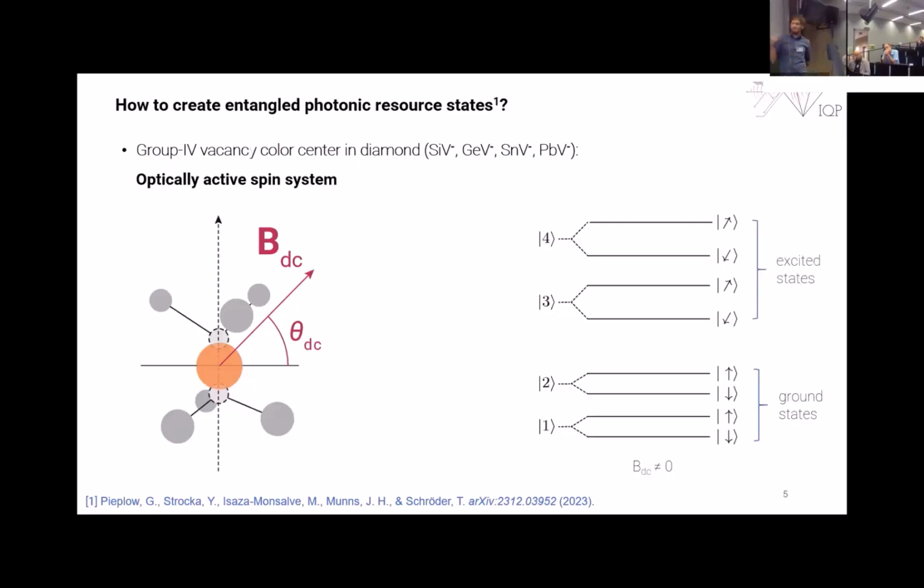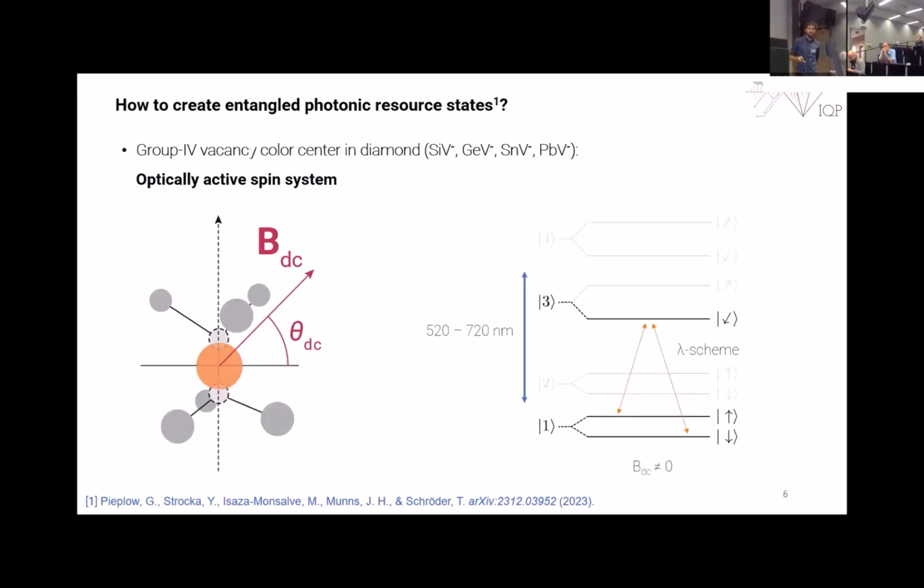Then there are 4 excited states, and these, depending on the vacancy, can be split between 520 and 720 nanometers. So this, in a nutshell, is what you need to understand the fundamentals of how the spin-photon interface works. And when I talk about spin, the interesting component here is always the 2 lowest lying ground states.